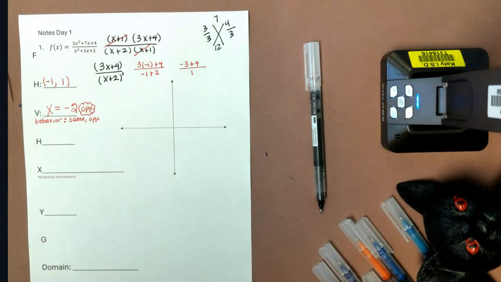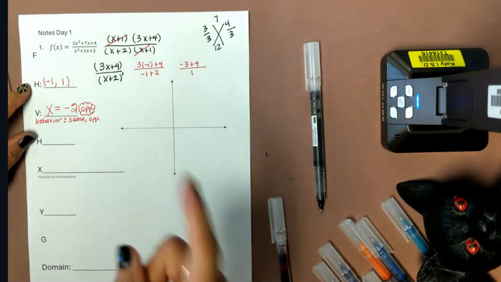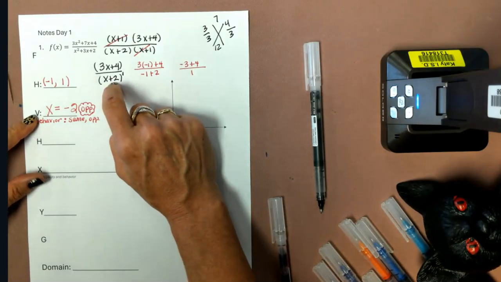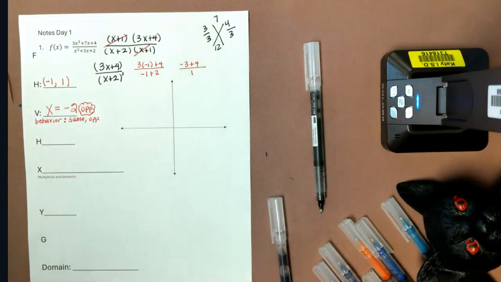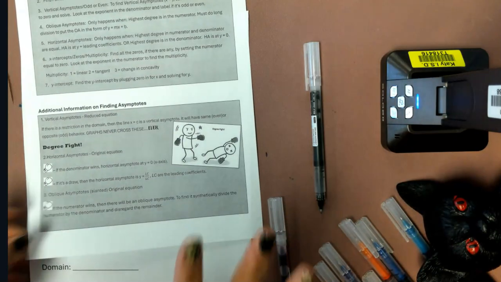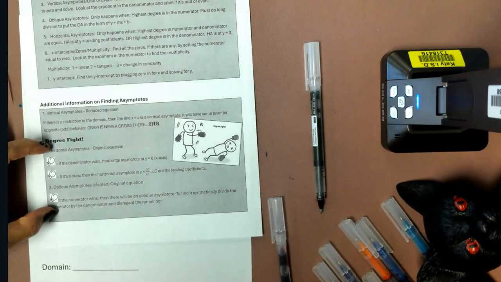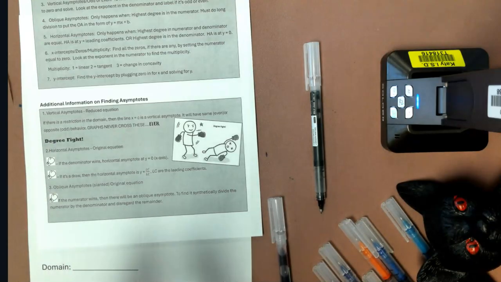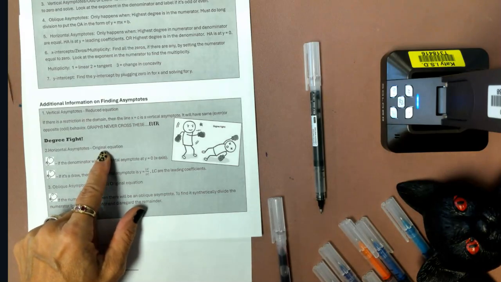As you can see, we have several steps. All right, factor, check. Hole, found it. Vertical asymptote, we determined it from the bottom. Now we're going to talk about the horizontal asymptote, and that's the degree fight. When you determine if there is a horizontal asymptote or not, we always go back to the original equation.